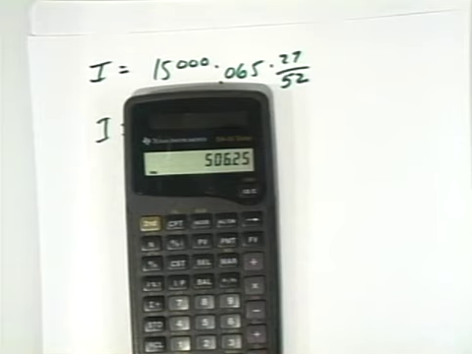I ended up with $506.25 worth of simple interest. So when you see weeks, the time is divided by 52. When you see months, the time is divided by 12. And when it's in terms of years, you're fine leaving it the way it is.